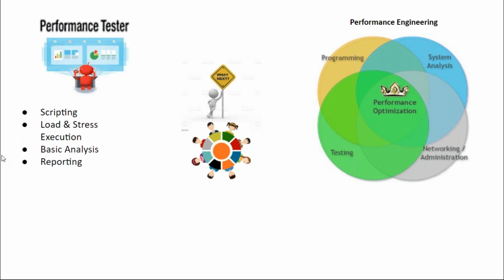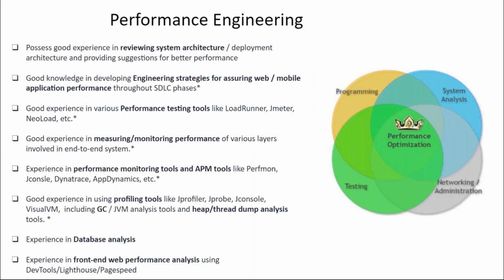The system could be your client browser, a database, your server, anything. When I say system analysis, it is the entire thing I've listed here. From a system perspective, we should be able to review the system architecture.